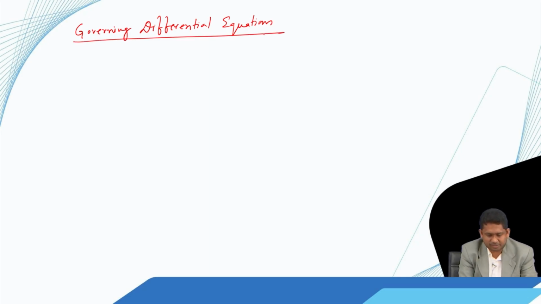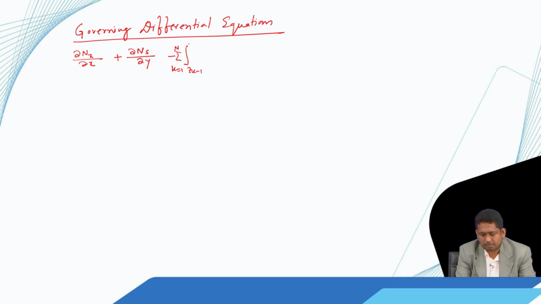So, the governing differential equation, as we know, is del nx by del x plus del ns by del y minus the integral from zk minus 1 to zk of rho into u double dot, and then we sum up the integral, and that is equal to 0. So, this is the inertia term.